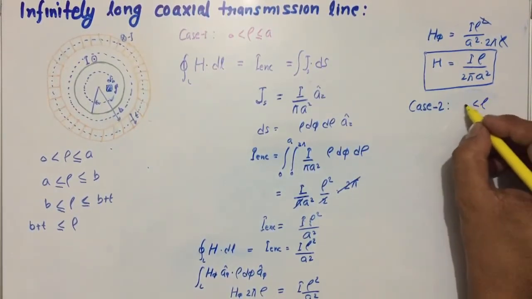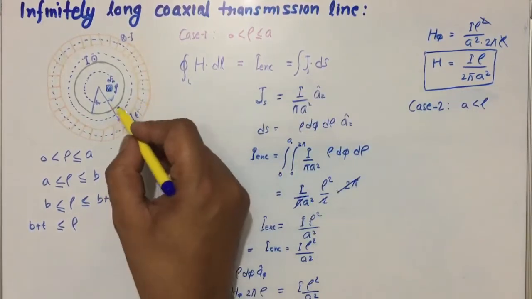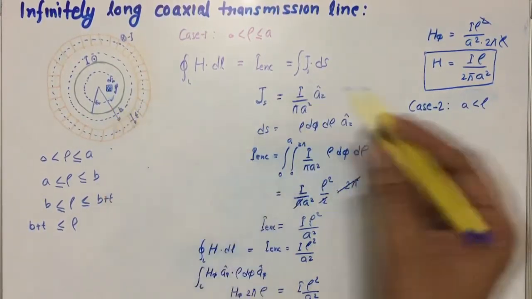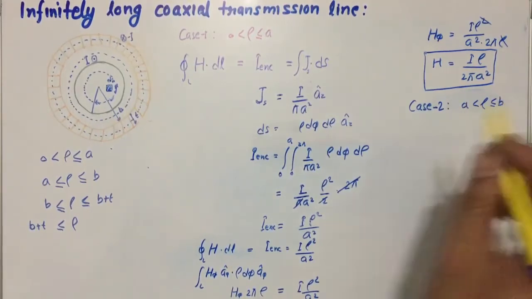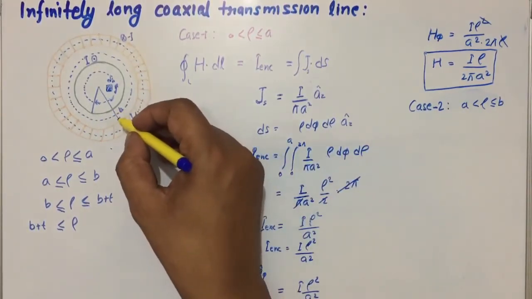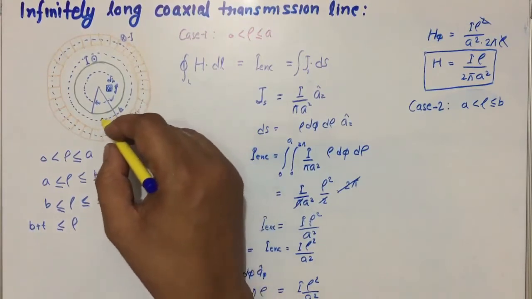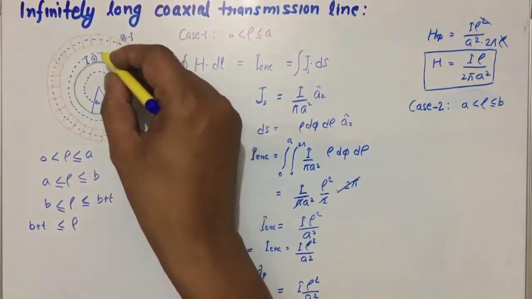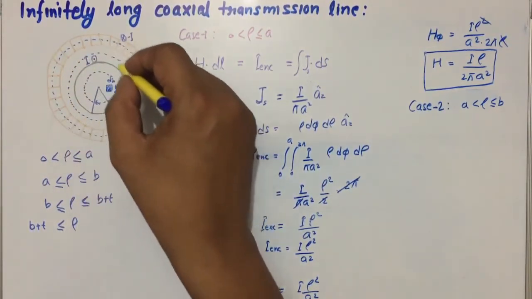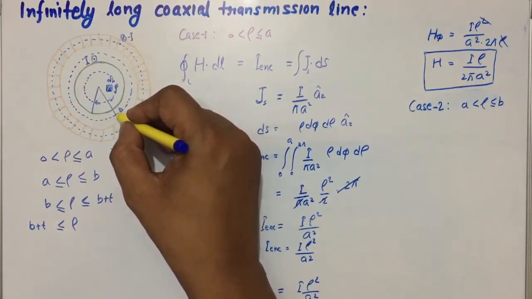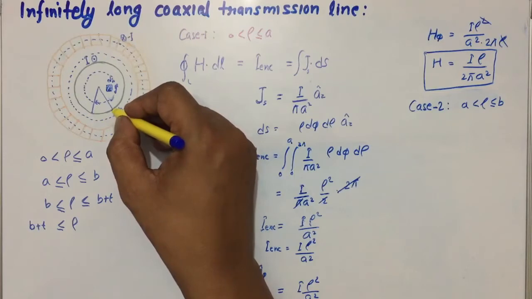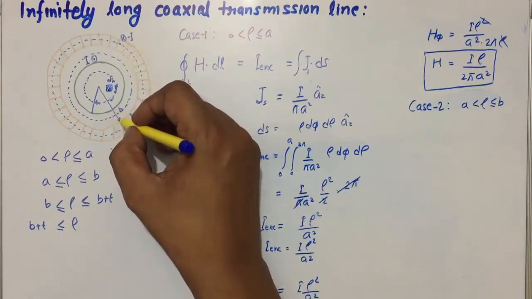rho is lying in this region between A to B. In this region, if our observer is lying, then this is the Amperian path we can have, and the Amperian path can vary from A to B, from here to here.